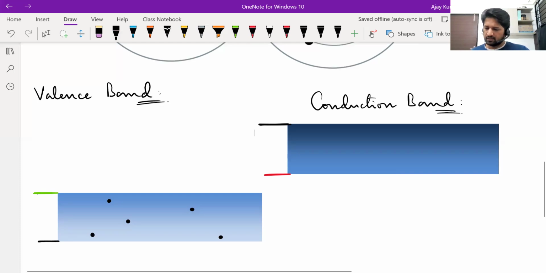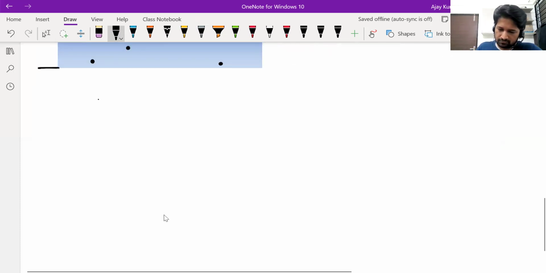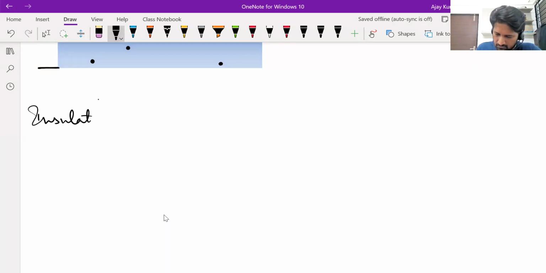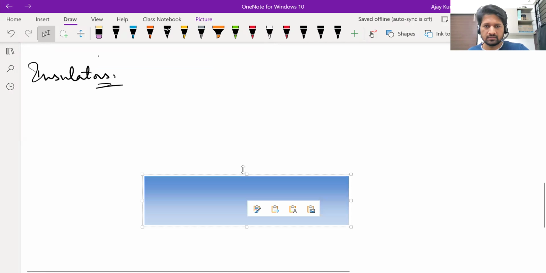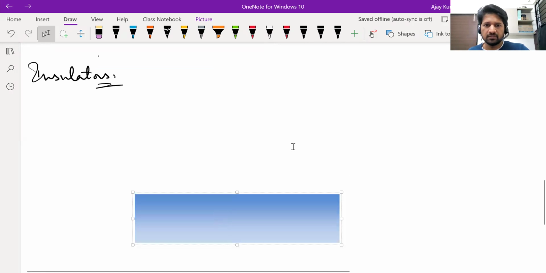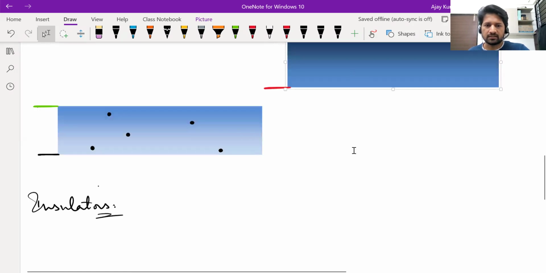Right. Now, in insulators, what happens? There is a significant energy difference between the valence band and the conduction band.